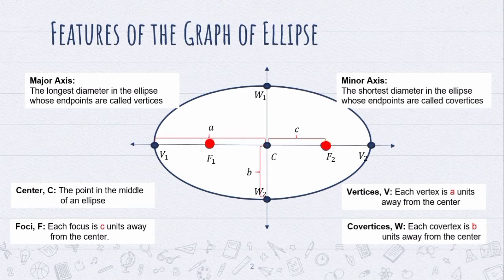Foci is the plural form of focus, represented by F, which is C units away from the center. The vertices, which is represented by V, is A units away from the center, while the covertices, which is represented by W, is B units away from the center.